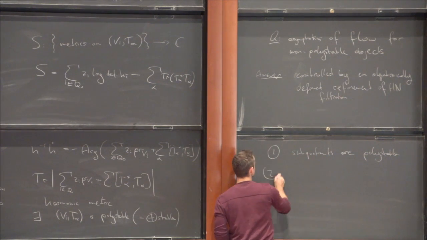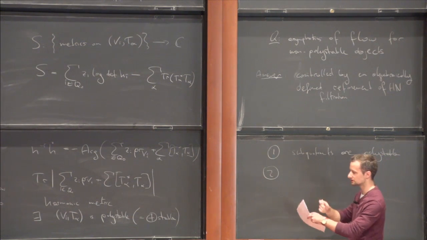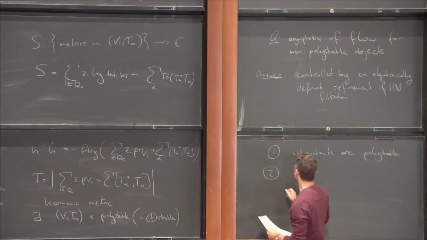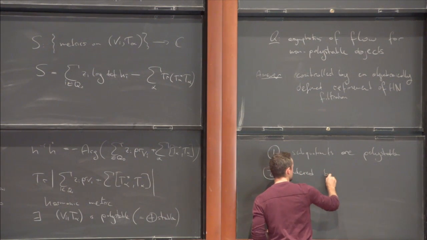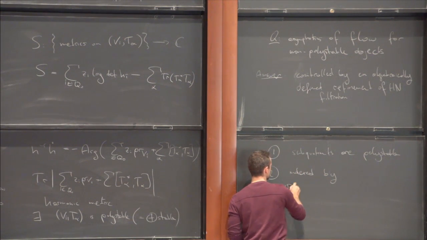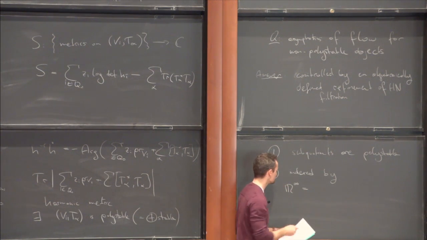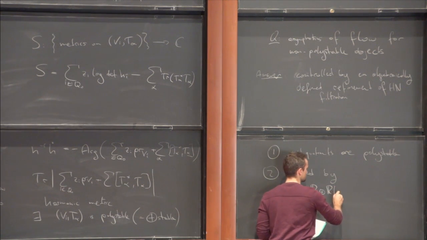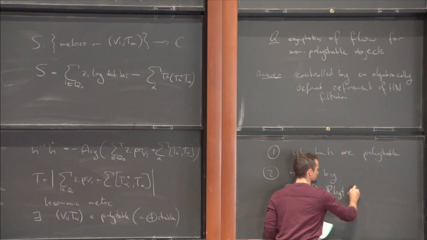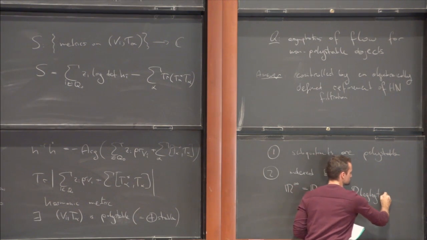And second, the Harder-Narasimhan filtration is indexed by real numbers, slopes or phases. And this thing here is indexed by R infinity, which we'll see; you want to think of this as R plus R log t plus R log log t, and so on.